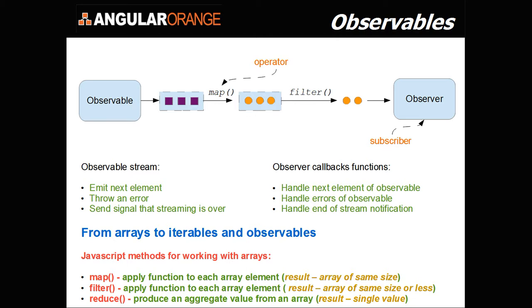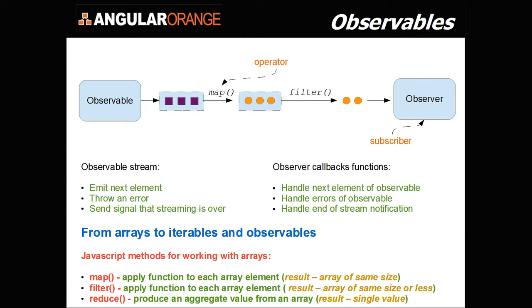Okay, so visually, what does an observable and observer look like? Well, an observable is streaming characters or some objects to the observer, and so the observer might want to map the results or filter the results. And so the observable stream emits the next element.